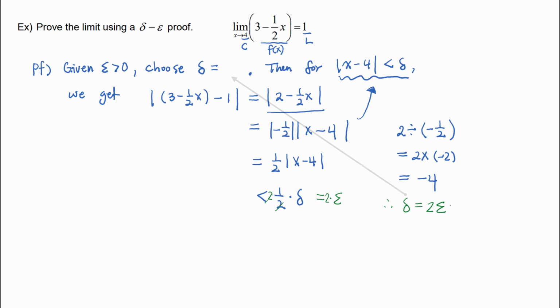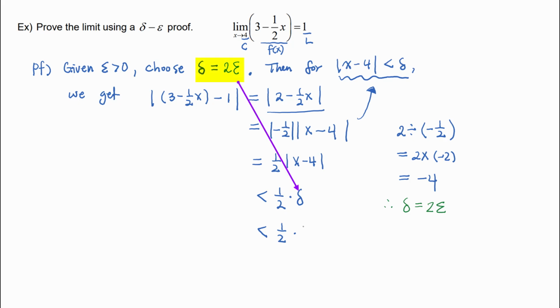So you can go back to the original problem and say, hey, choose delta equal to twice the epsilon. Then, whenever you choose x in the delta neighborhood, the distance between your f of x and the limit would be less than epsilon. So anyway, and then you erase this part. This is less than 1/2 times, what is your delta?